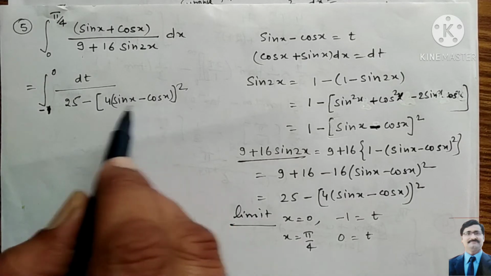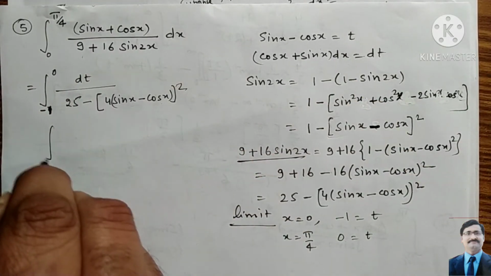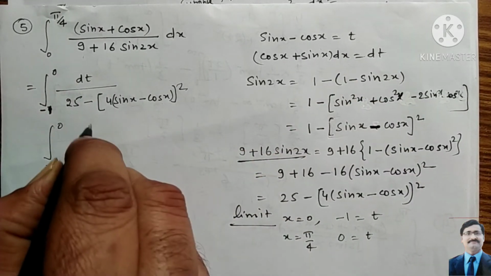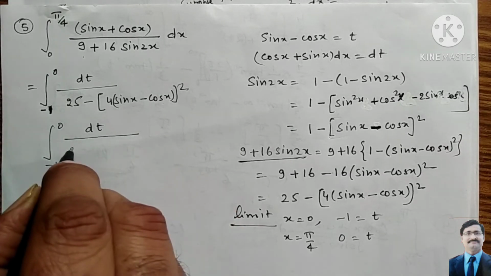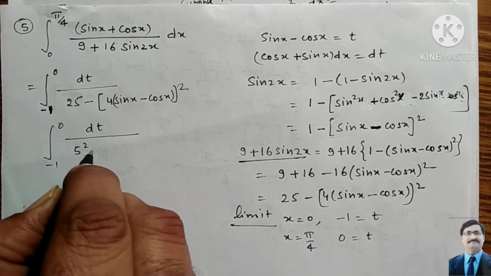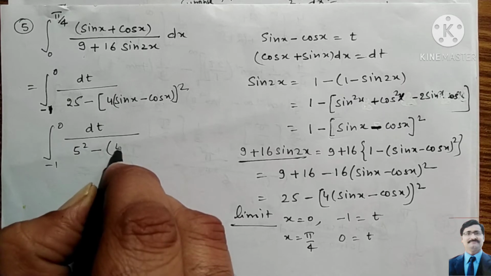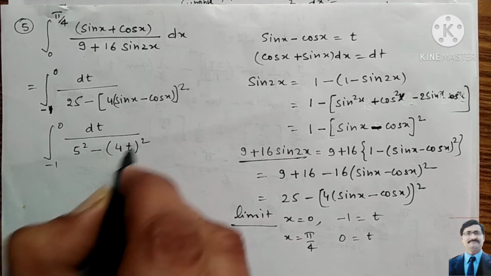Now in place of this we suppose t, so this question will be the integral from −1 to 0 of dt upon 5² − (4t)².